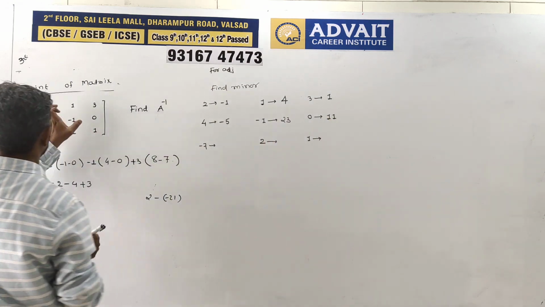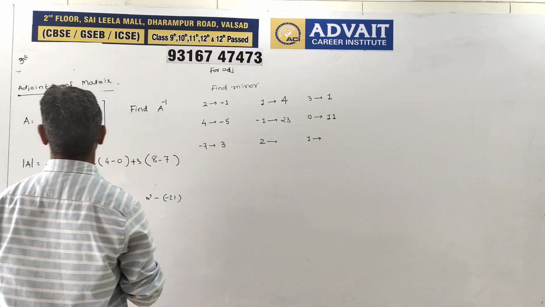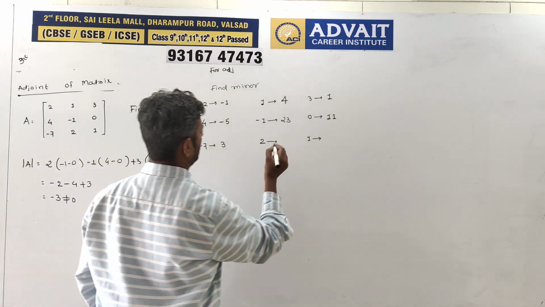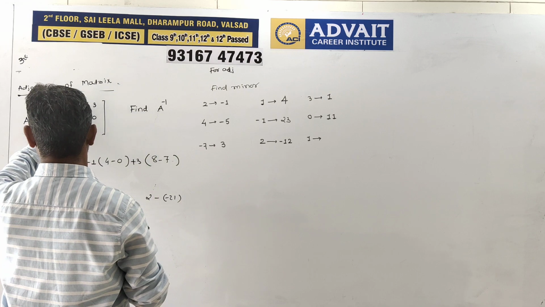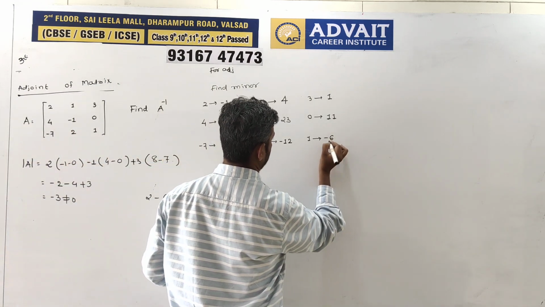Now minus 7, 0 minus 3 means 3. For 2, 0 minus 12. 1 minus 2 minus 4 minus 6.